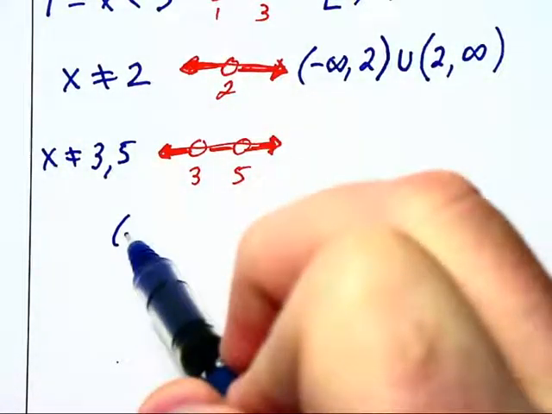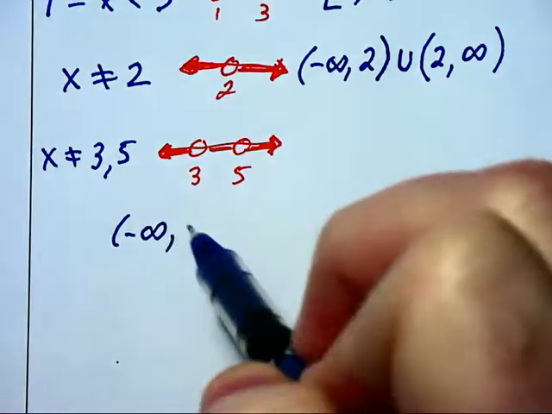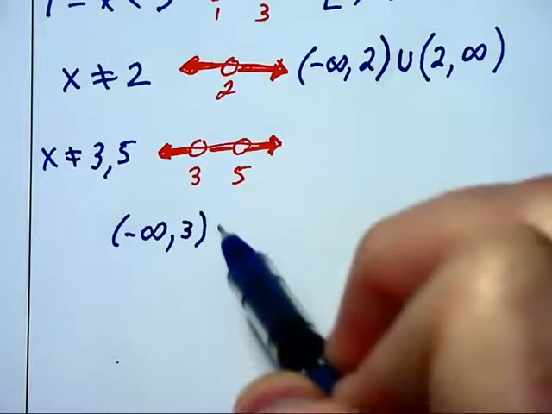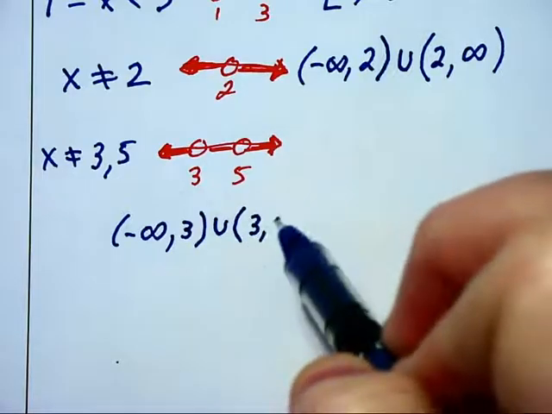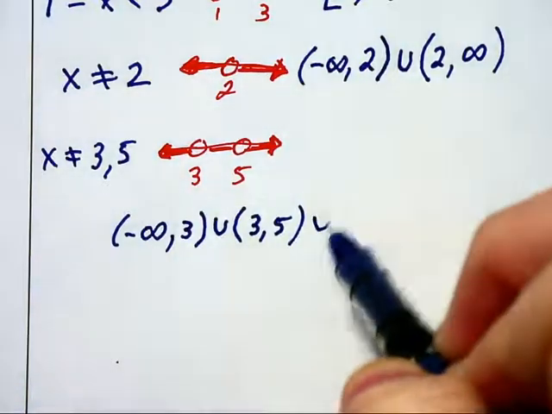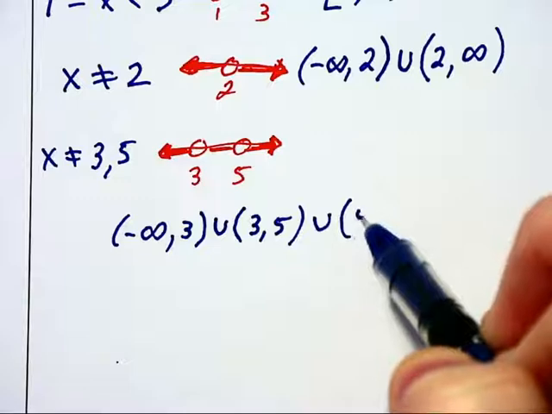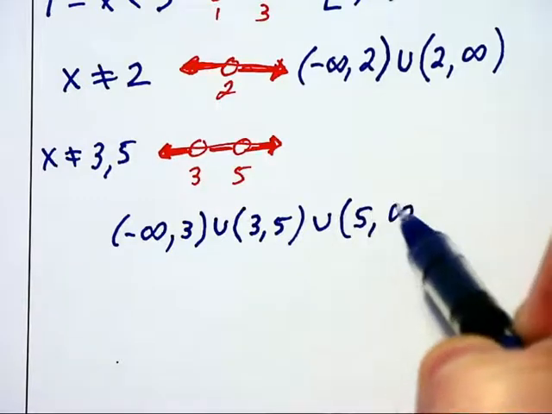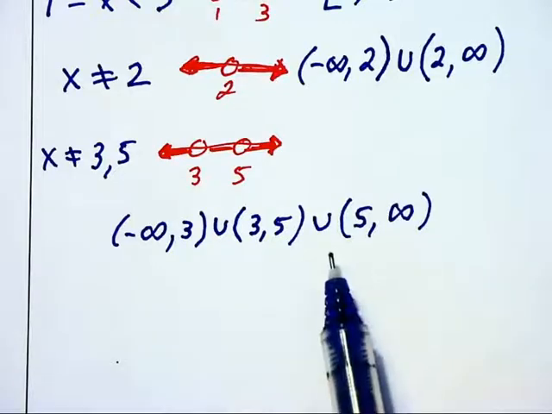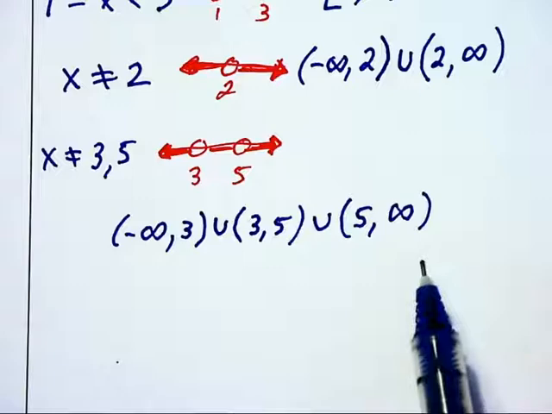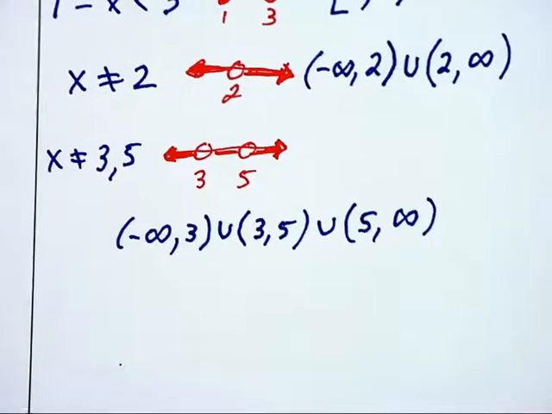First off, starting from negative infinity and going up to 3, which we do not include, uniting it with the middle interval, 3 to 5, and then finally uniting it with the right-hand interval from 5 to infinity. Notice parentheses are used throughout because we are not including any of those endpoints, nor are we including infinity.